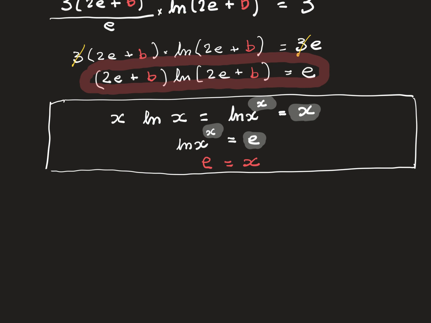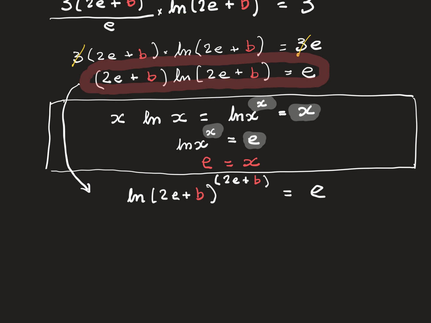So in that case, if I rewrite this above equation like this, I'll say that's ln 2e plus b to the power of 2e plus b, is equal to e.